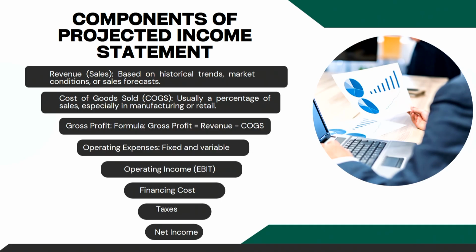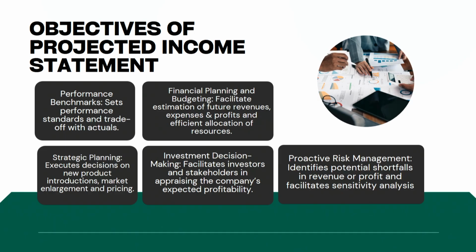So, it is up to the company, and at the same time up to the user community, to predict the different variables which find a place within the ambit of the income statement to the best of their accuracy. Moving further, when you talk about the projected income statement, what objectives does it serve for the user community, both internal and external users?